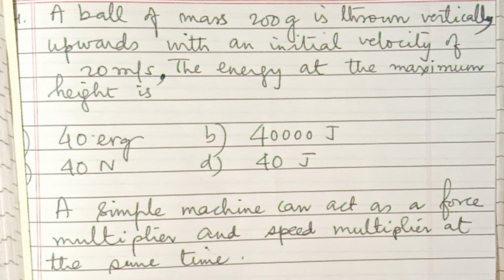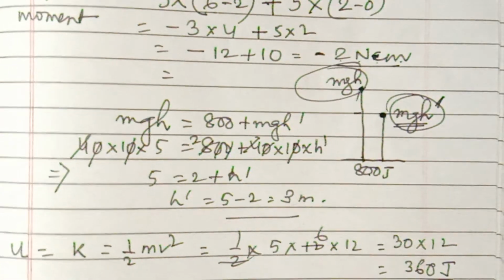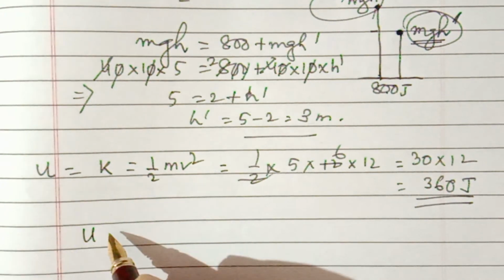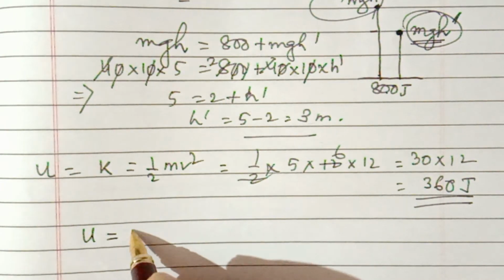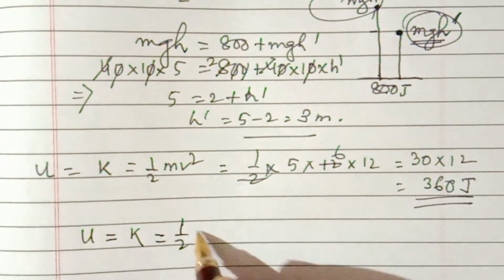As it goes up, velocity decreases due to acceleration due to gravity. At the maximum height, kinetic energy is 0, but the body gains height, so it gains potential energy. Whatever energy we give initially is converted into potential energy. So potential energy at the height is equal to kinetic energy at the bottom. So again the same formula.